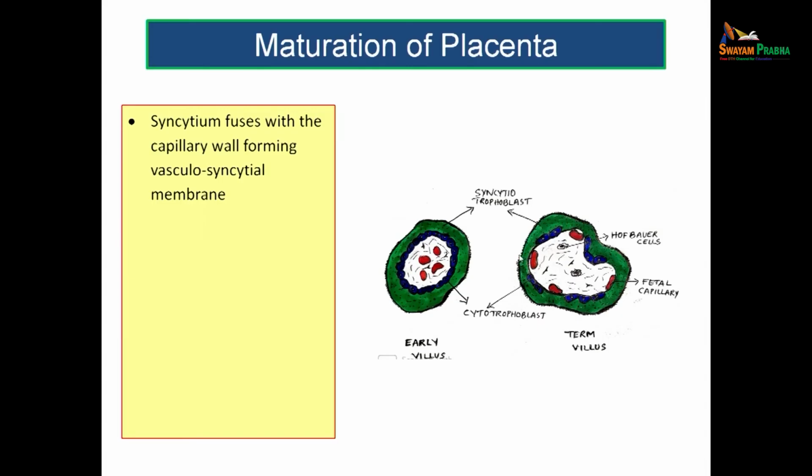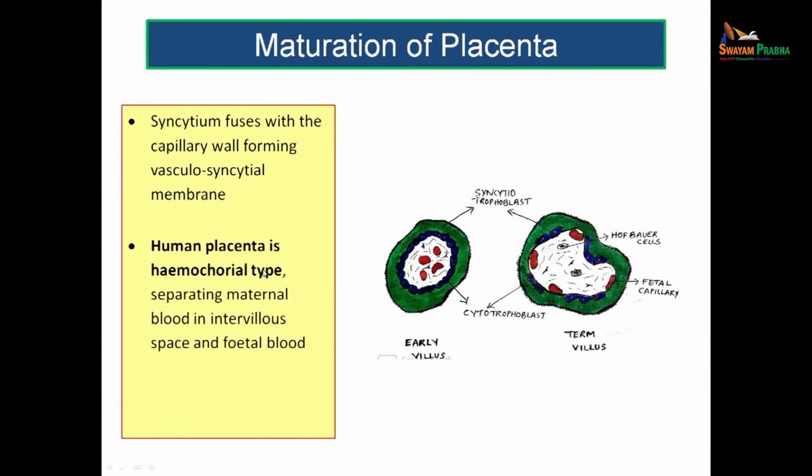So the placental barrier from 4 layered is becoming 2 layered, and sometimes the fetal endothelium fuses with the syncytium, forming the vasculo-syncytial membrane. And the human placenta is said to be hemochorial. Hemochorial means it separates the maternal blood in the intervillous space and the fetal blood.